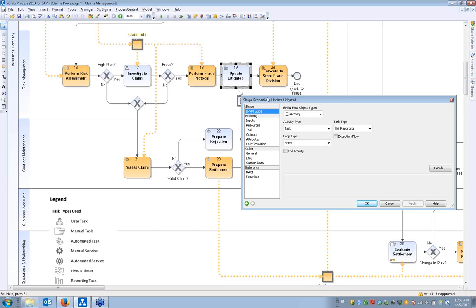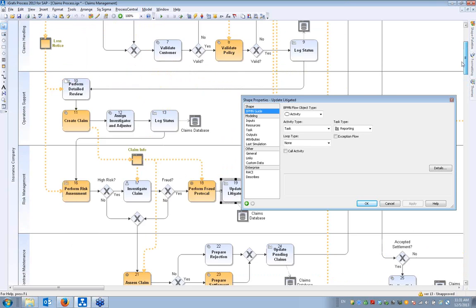Now, why do we need these extensions? Well, the extensions are necessary because a service is not always automated. A task is not always manual. And it's important to model these reporting tasks because these will explicitly capture the information needed to track those KPIs and process performance indicators in our performance monitoring tool. And that leads to better decision making.